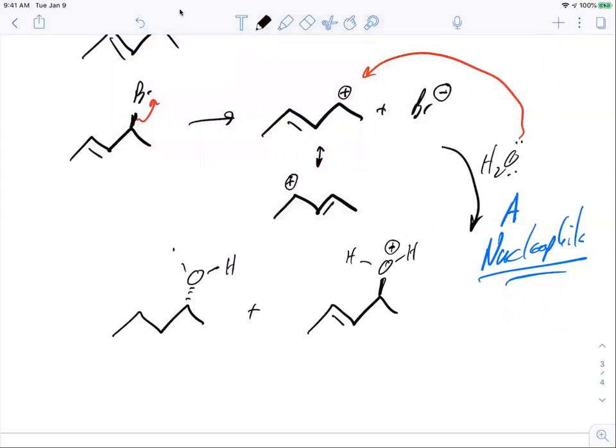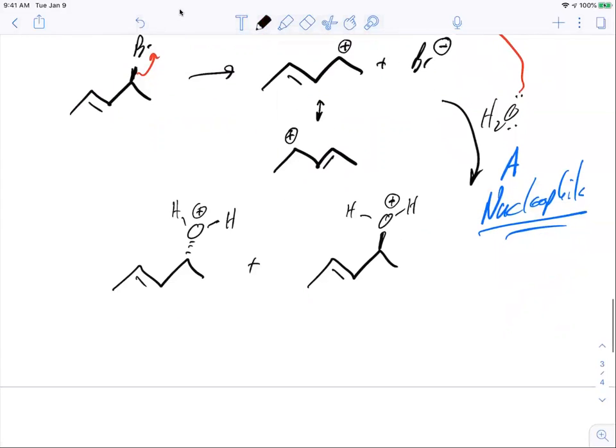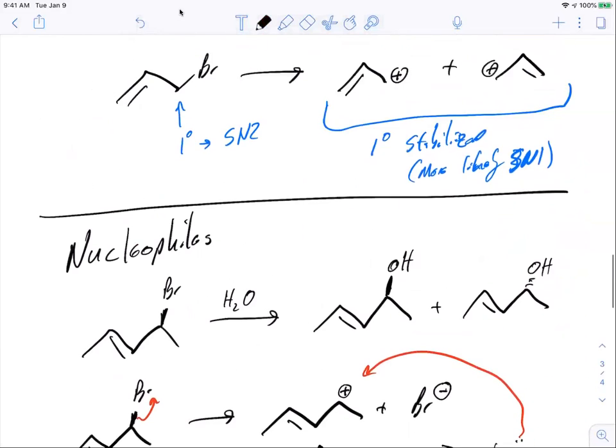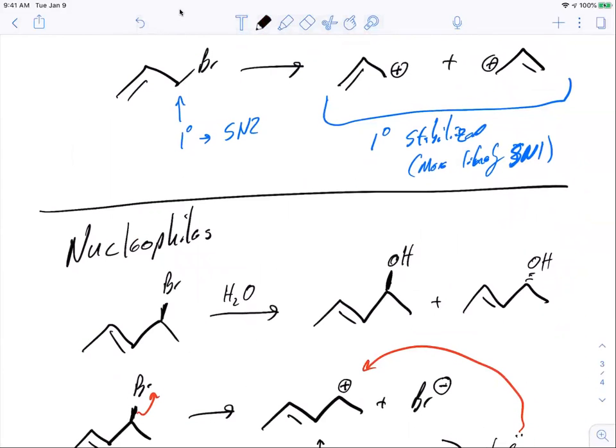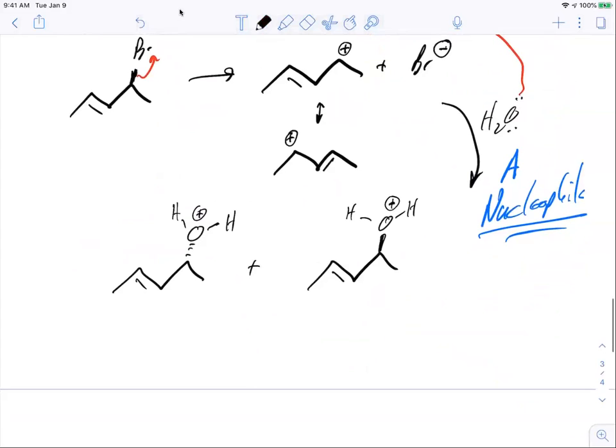We'll look at it again in a second. Right. But now that's not my final product, right? My final product was the alcohol. So now what I need at the last step, and I'll just do it with one, is a proton transfer.